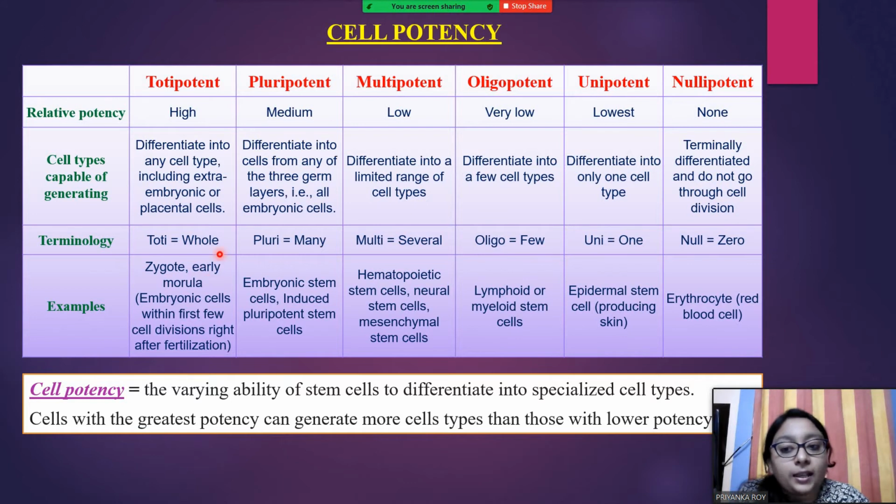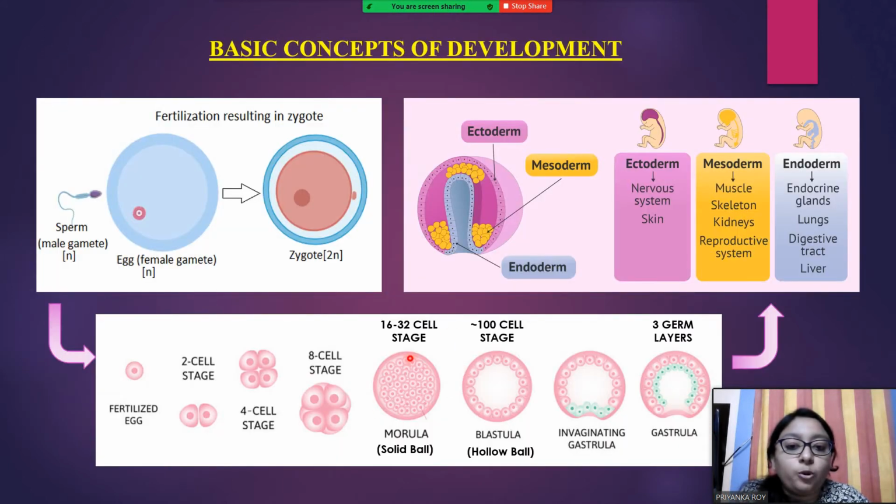So these zygote or the early morula, like I showed you that this is the morula stage. So in early morula stage, like 16 cell stage, 32 cell stage, these cells have the ability to give rise to any cell type. So they are totipotent cells. So from zygote to the morula stage, you can call them totipotent.